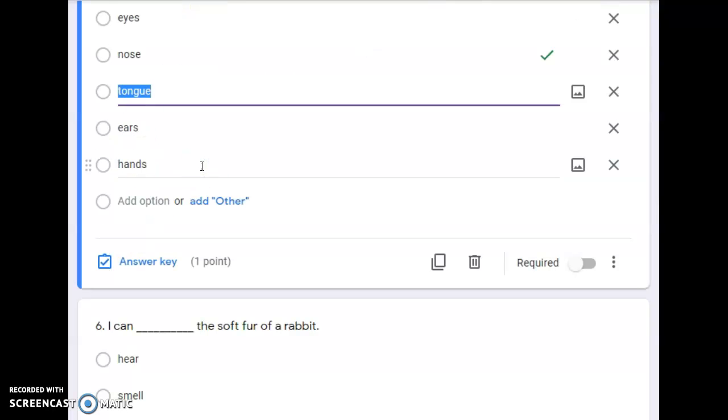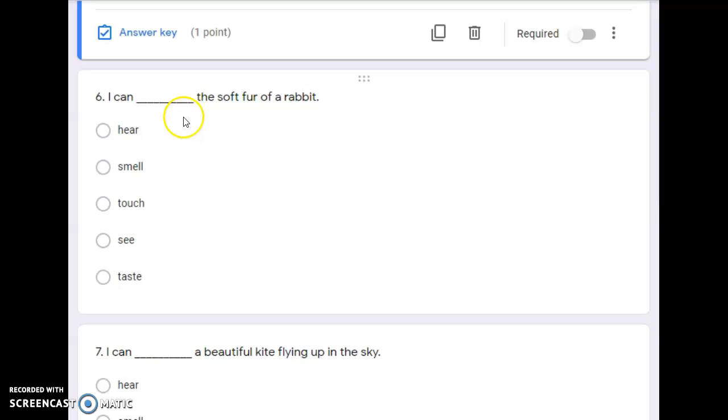I can blank the soft fur of a rabbit. Fur is like the skin of the rabbit, like the hair on our body. So, I can hear, smell, touch, see, taste.